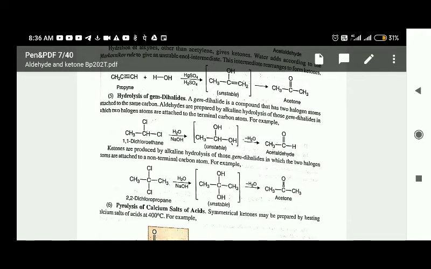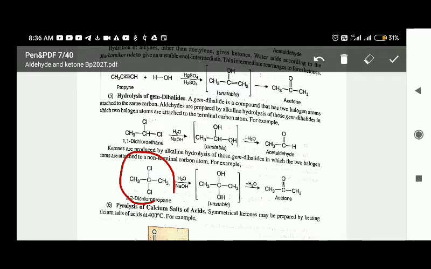Then see gem dihalide. Next question is your hydrolysis of gem dihalide. See this one. 2,2-dichloropropane upon treatment with NaOH, so what is formed? 2 OH is going to substitute the two chlorine groups. So the chlorine groups have been removed with 2 OH, that is an unstable compound. So from here a water molecule is going to be removed and acetone is formed.